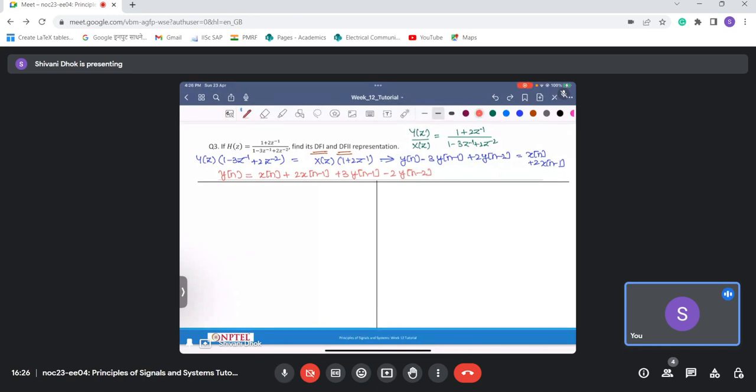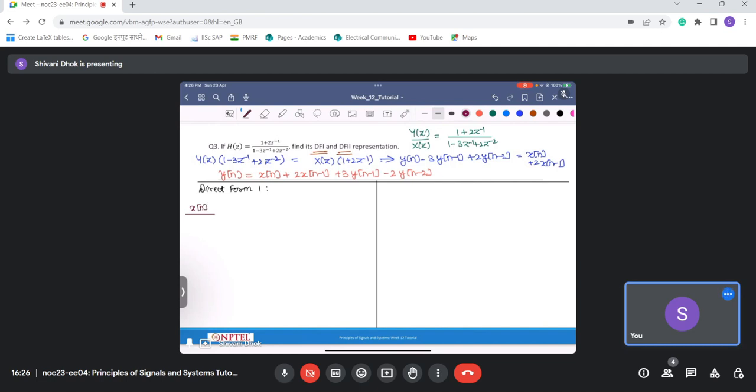So this is the equation y[n] equal to x[n] and so on. This difference equation is what we'll use in order to draw our direct form 1. Let's say we have this input x[n].